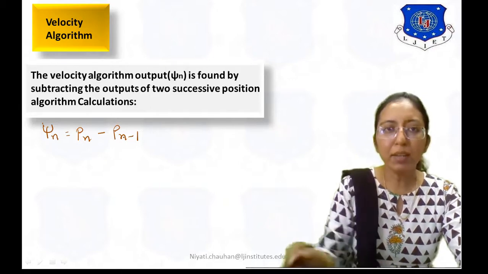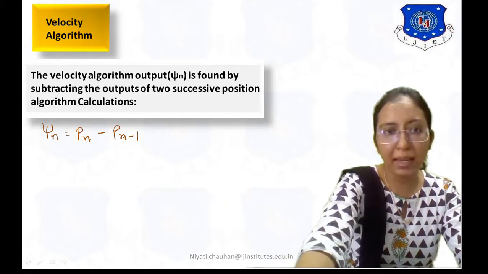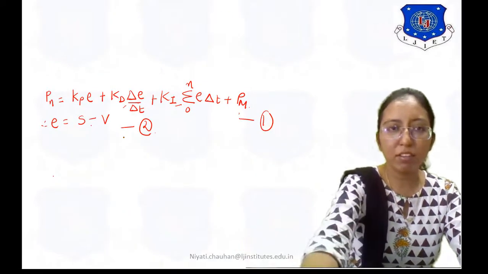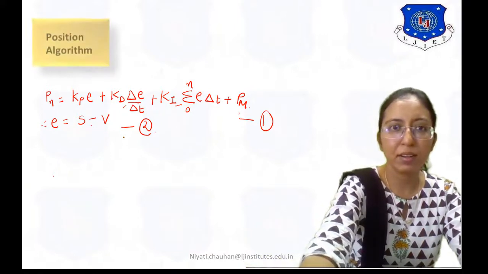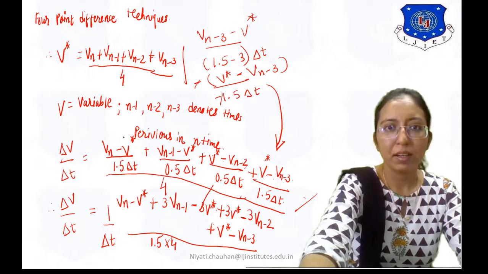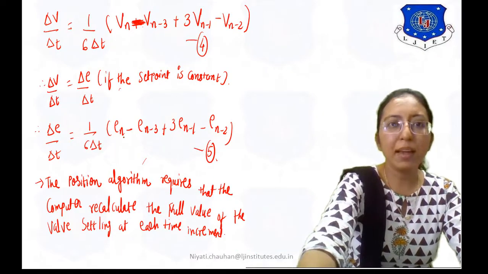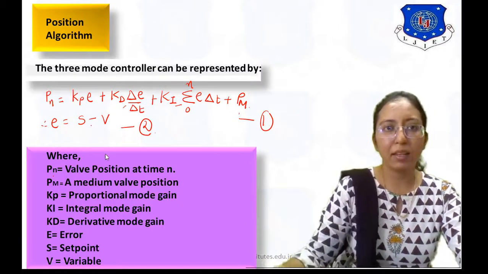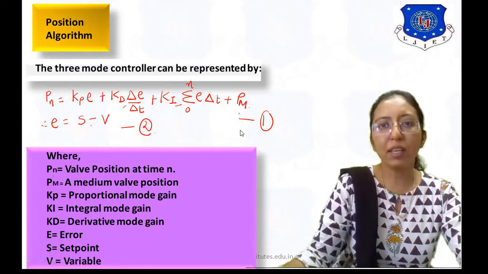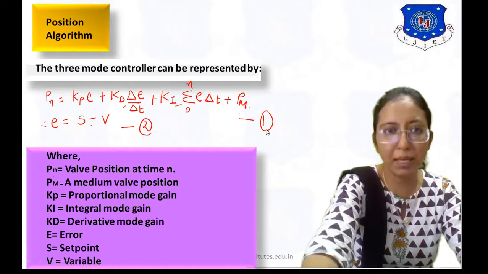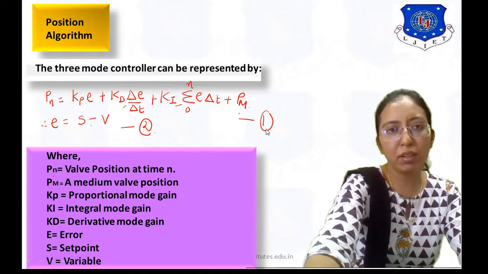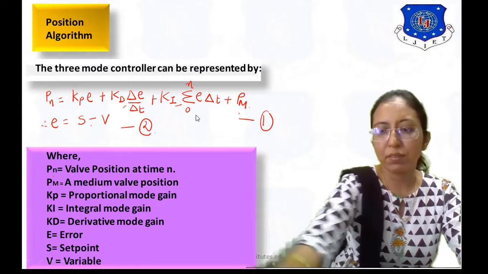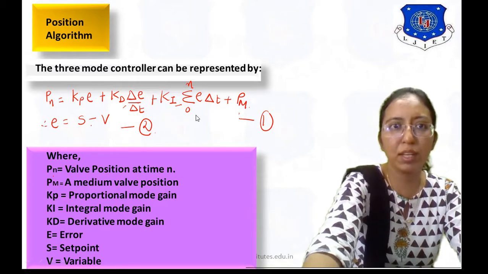We know the equation of Pn, equation number 1, and for Pn minus 1 we replace n with n minus 1. So write down equation 1 here.